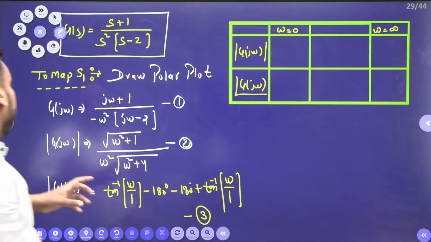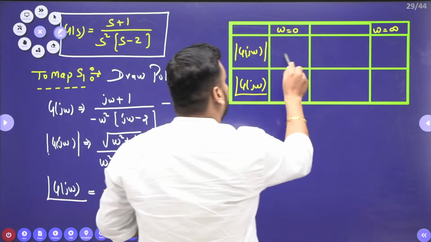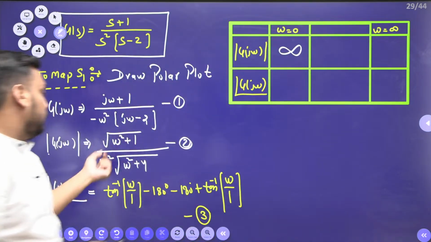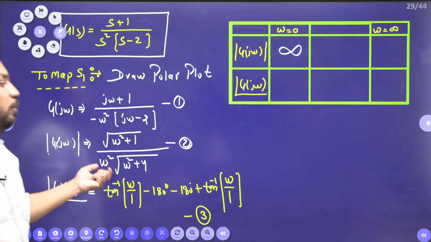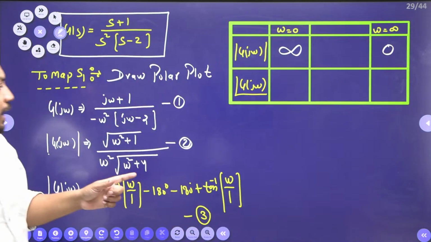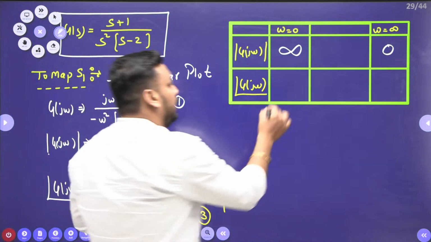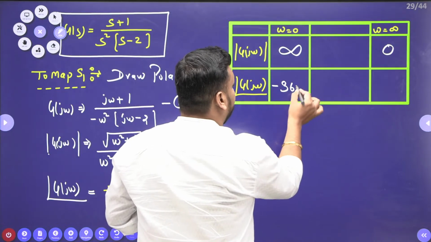Now tell me, guys, in the magnitude part, when you put omega 0, something upon 0, you will get magnitude infinite. And omega tends to infinity, because the denominator part is dominating, it is 0 only. If I talk about angle at omega equal to 0, the angle is minus 360 degree.